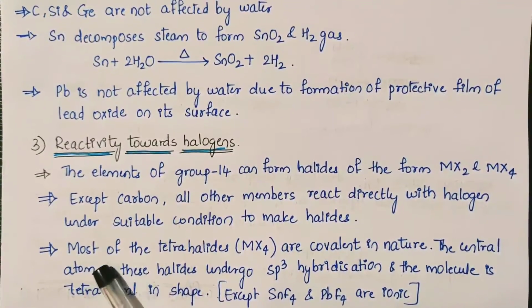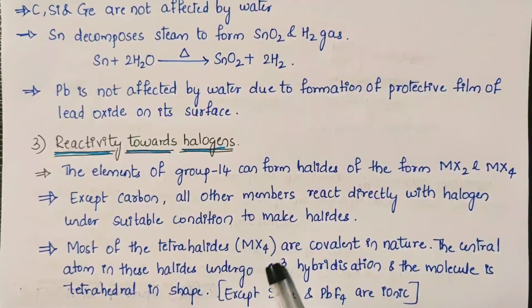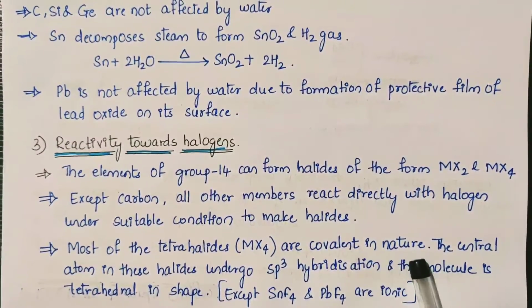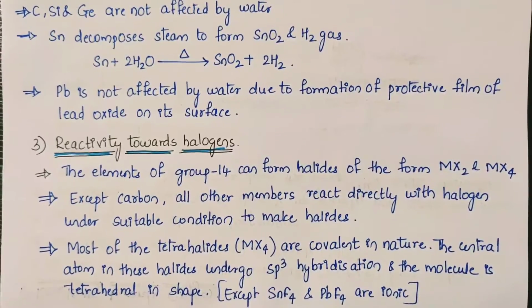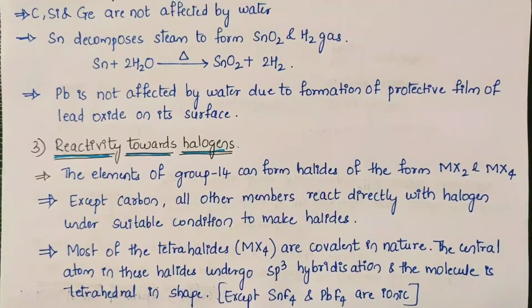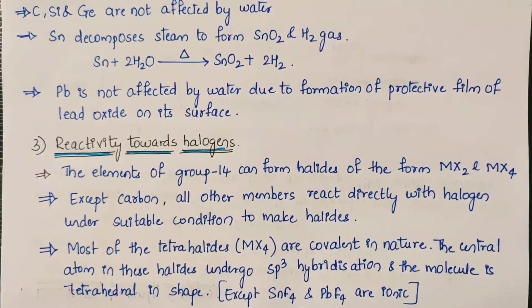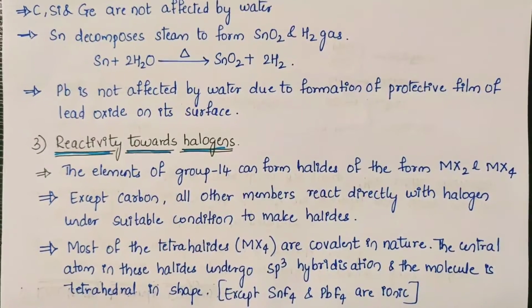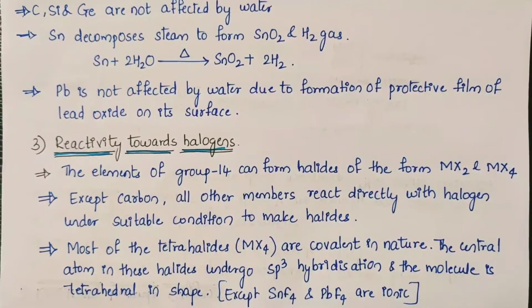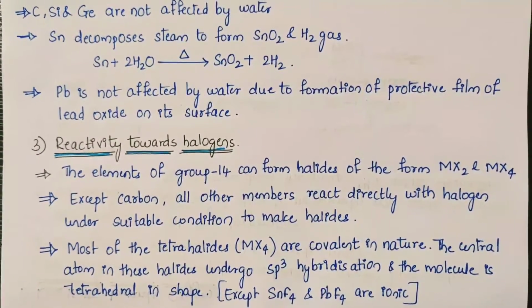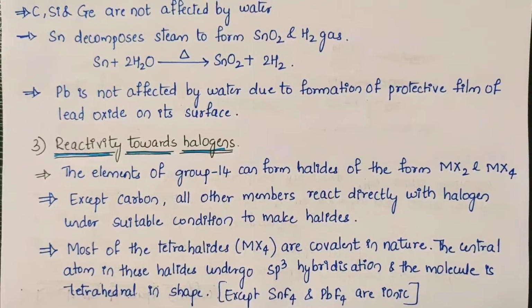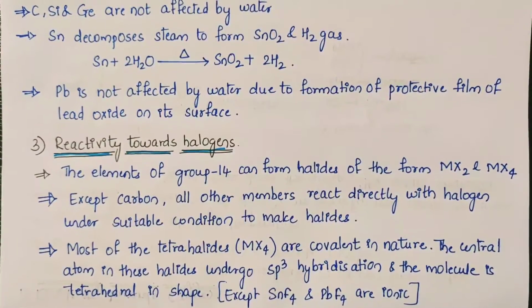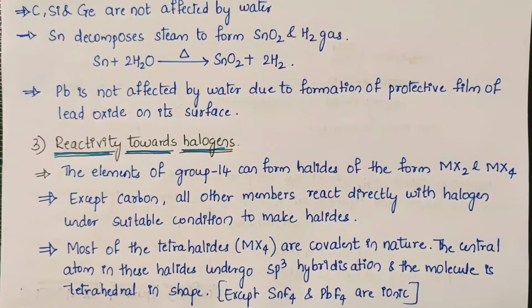Most of the tetrahalides of the form MX4 are covalent in nature, and the central atom in these halides undergoes sp3 hybridization and the molecule is tetrahedral in shape, except SnF4 and PbF4, which are ionic.